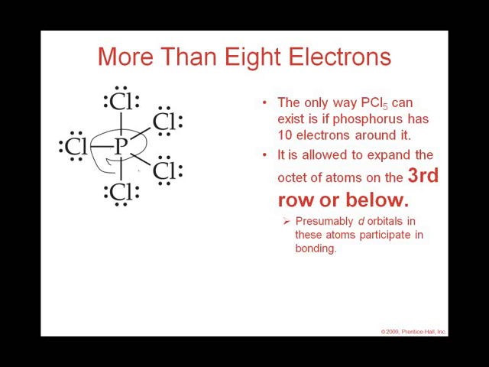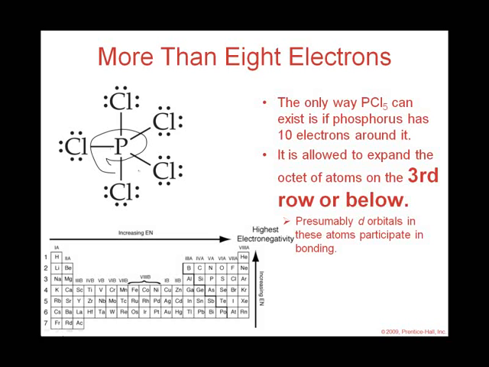Now, the only elements that can have an expanded octet are those that have d electrons. So the current wisdom is that you need d orbitals, even if they are unoccupied, that allows for this expanded octet. What that means is anything in row 3 or, now here it says 3 or below.